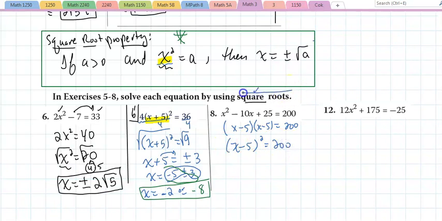The fact that they say use the square root property gives you a hint. And now that I have a square equaling a number, I square root both sides. x minus 5 will equal plus or minus, isn't this 2 times 100? Isn't the 100 a perfect square? And what's left underneath the radical? A 2. And all you have to do is add 5 to both sides.